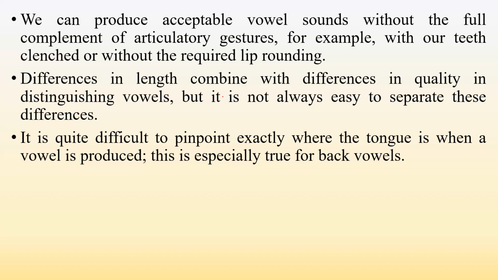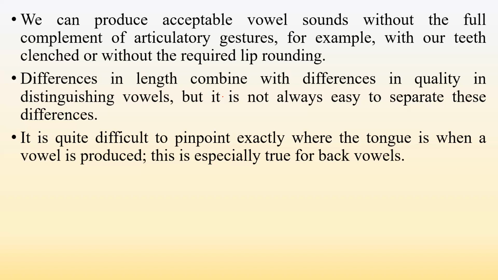Differences in length combine with differences in quality in distinguishing vowels, but it's not always easy to separate these differences. Of course, now we know among the vowels there are short vowels and long vowels. Lengthwise there are differences, so we call them tense vowels and lax vowels. Tense means long vowels, the vowels which take a long time, dragging, and lax vowels are the short vowels.